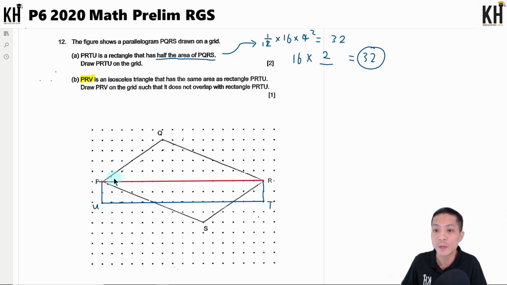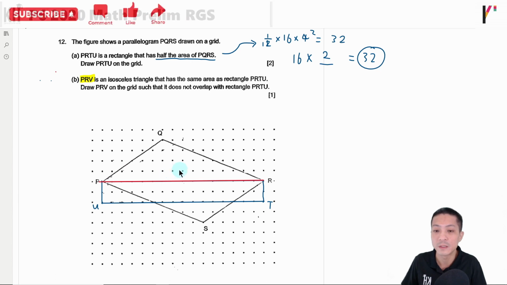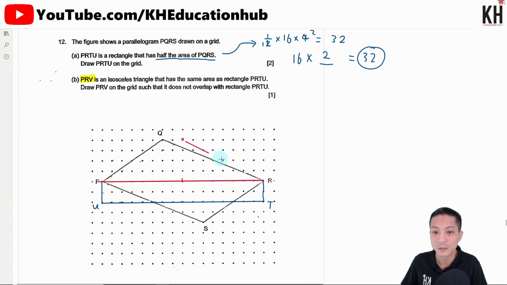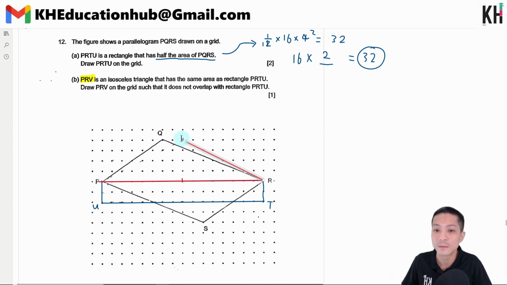I'm going to find out where the middle point is. So it's 1, 2, 3, 4, 5, 6, 7, 8. Okay, so this is the middle, which means they need to join to this point here. I'm going to try and join it because this works in a different way.